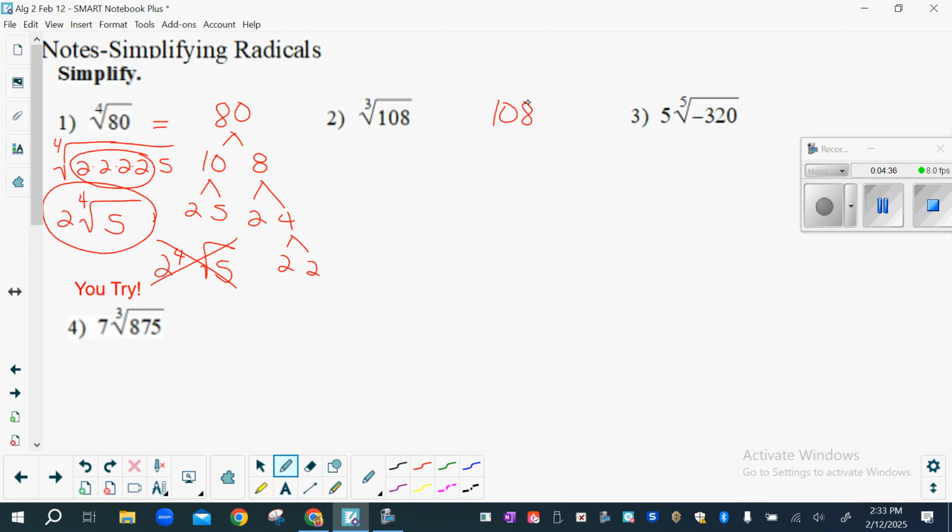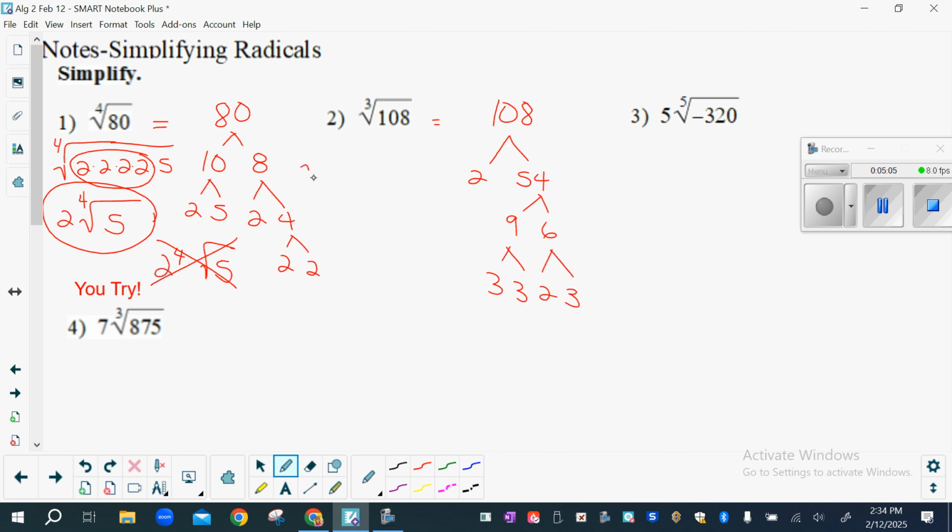Okay, so 108, number 2. What's the number that goes with 108? 54. Yeah. I think you were thinking it was even, that's why you're thinking of a 2 in there. That's what I would think too. So 2 times 54, and then 9 and 6, 3 and 3, and 2 and 3.